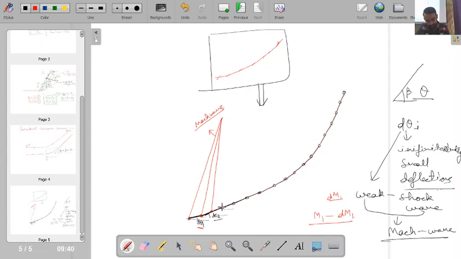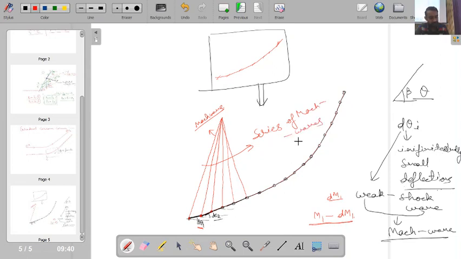That is what I am showing over here: though I have an infinitely weak shock wave, with this infinitely weak shock wave I will also have a very slight decrease in the Mach number. This very slight decrease in the Mach number will keep creating a situation where the Mach wave angle is increasing. So in this type of gradual deflection, I am getting nothing but a series of Mach waves.